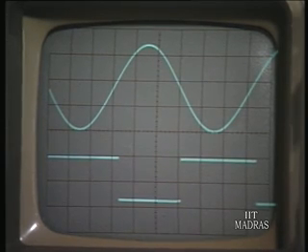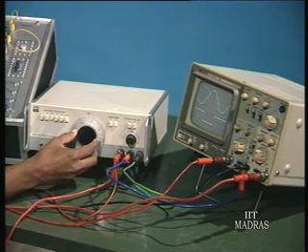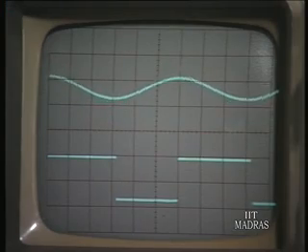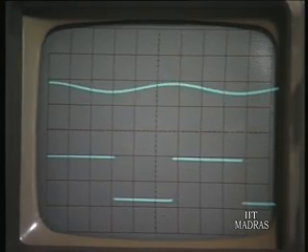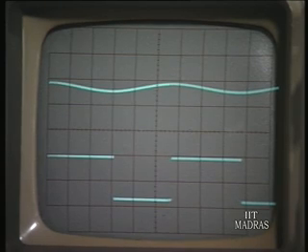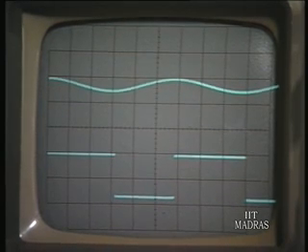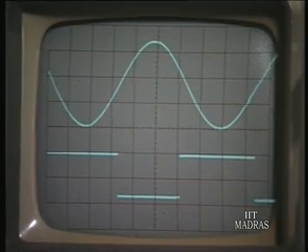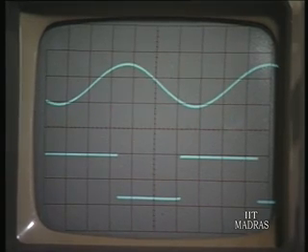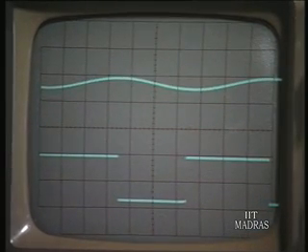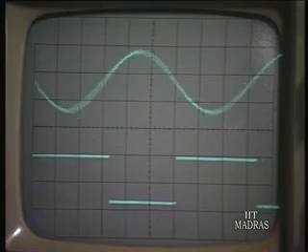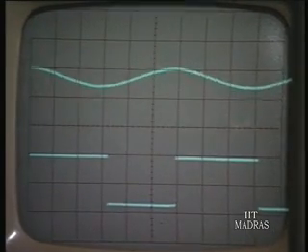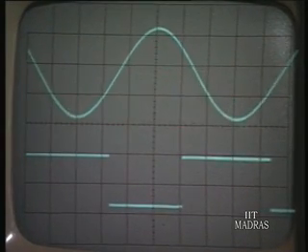Please do the tuning and see that it rapidly falls. Yes, concentrate on the screen, it rapidly falls, and again change. This is the center frequency. On the other side also it rapidly falls.